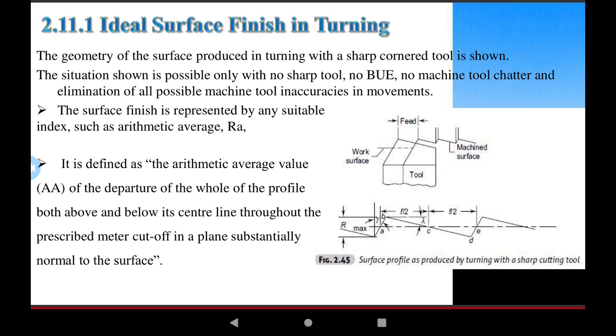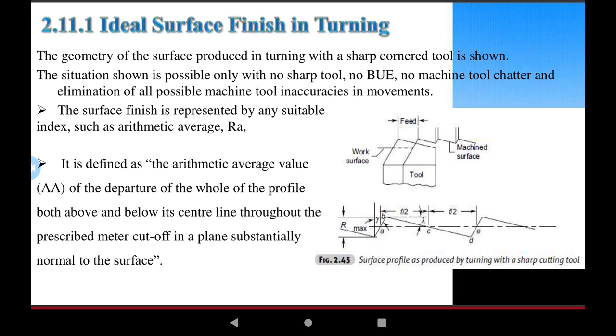Ideal surface finish in turning operation. The surface finish is achieved by the turning operation on a cylindrical workpiece.